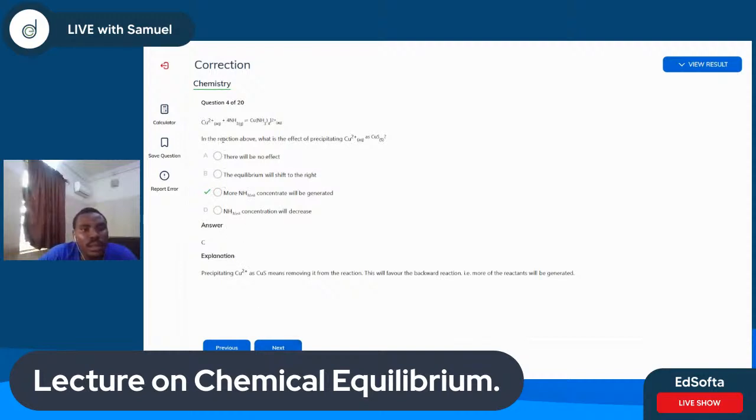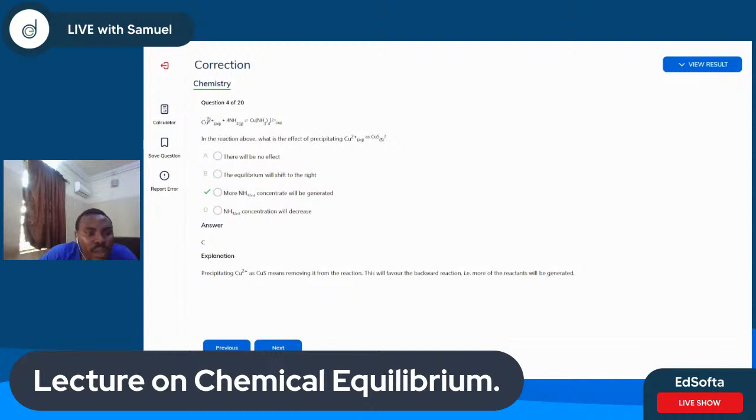Look at this. What is the effect of precipitating? Precipitating Cu2+ as CuS means that you are removing Cu2+ from the reaction.